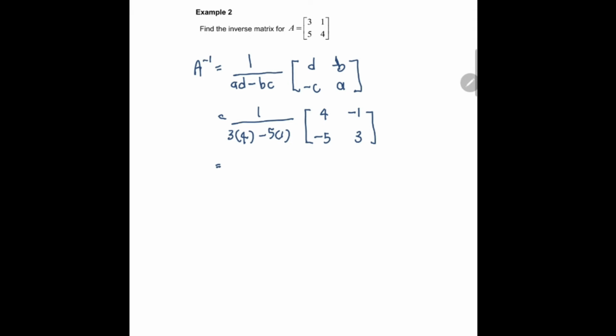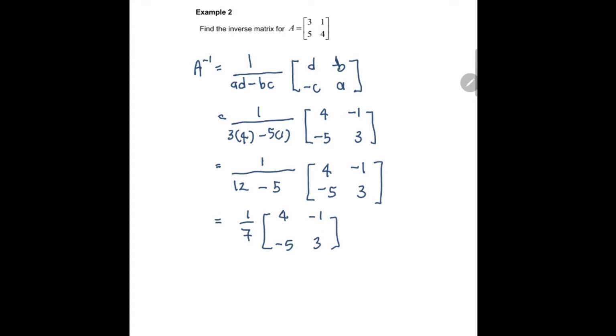And then we proceed: 1 over 12 minus 5 times the matrix 4, negative 1, negative 5 and 3. Then it should be 1 over 7 times 4, negative 1, negative 5, 3.